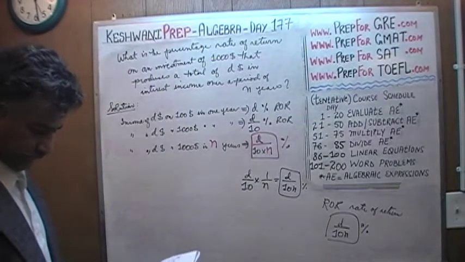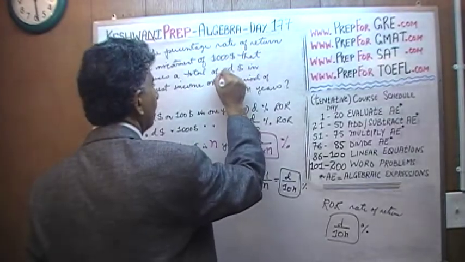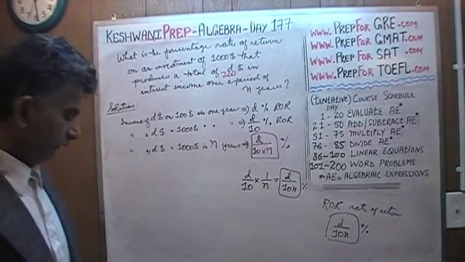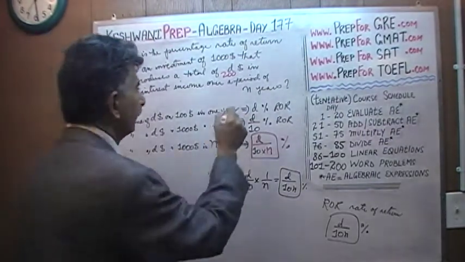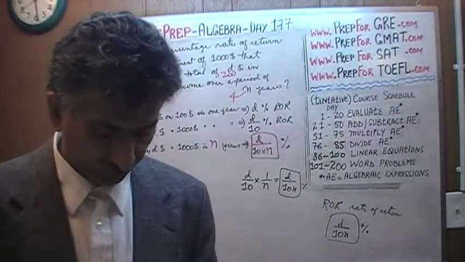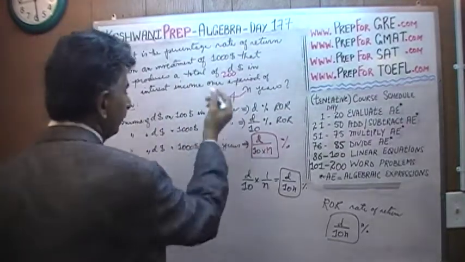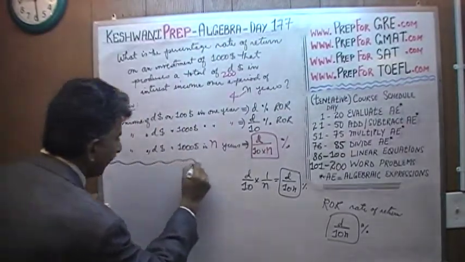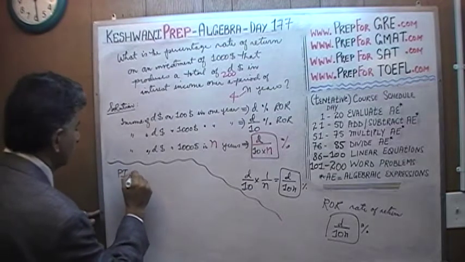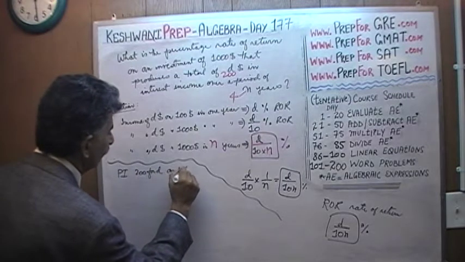How much do you want to earn? Let's pretend that we are earning $200. Let's pretend that we earn a return of $200 over a period of 4 years. Well, this is very straightforward now. Plug in 200 for D and 4 for n.